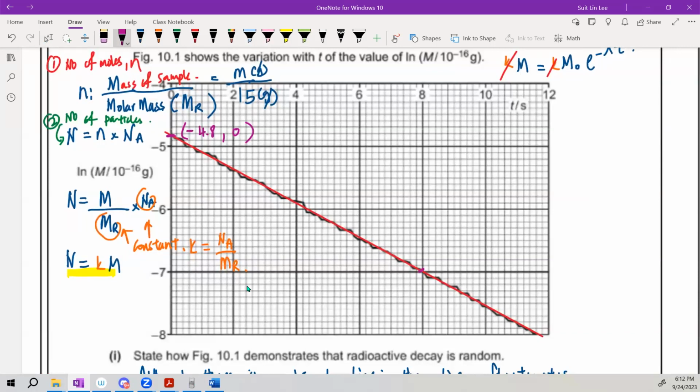This is a nice point. Let's take this one. This is 0, negative 4.8. This one would be 8, negative 7.